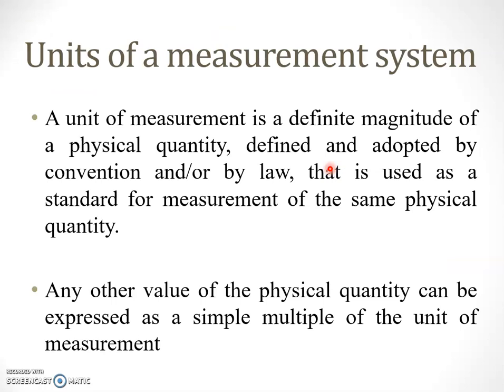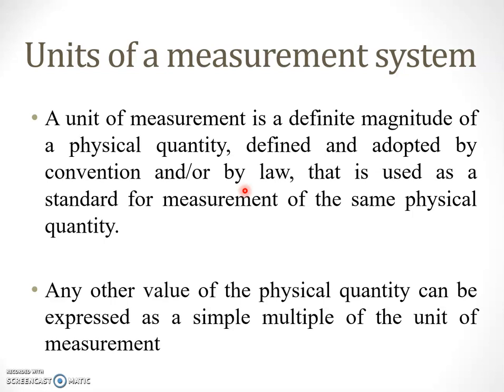Then we are moving to units of measurement. A unit of measurement is a definite magnitude of physical quantity. It is defined and adopted by convention or by law, and it is used as a standard for measuring the same physical quantity.